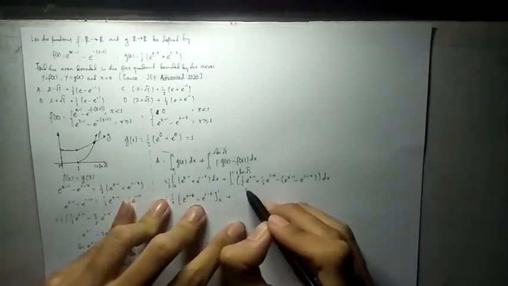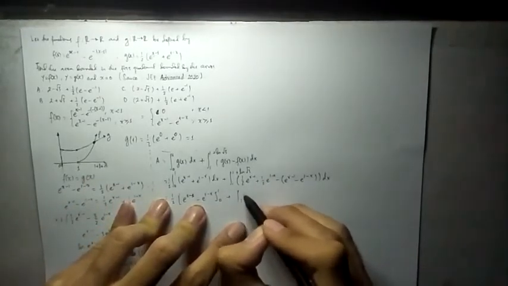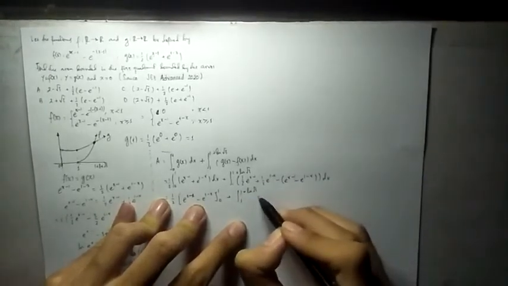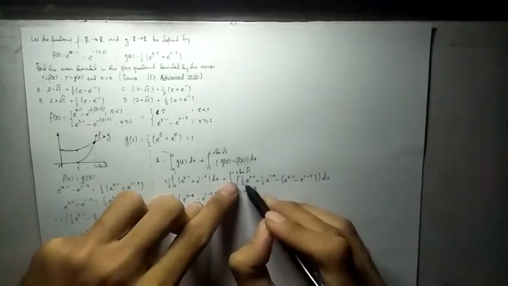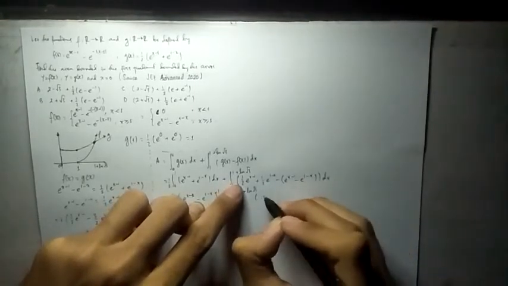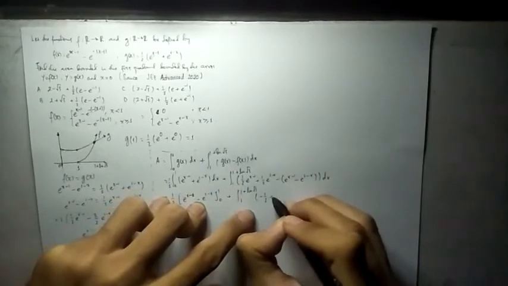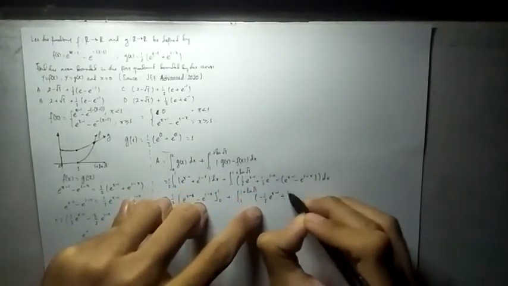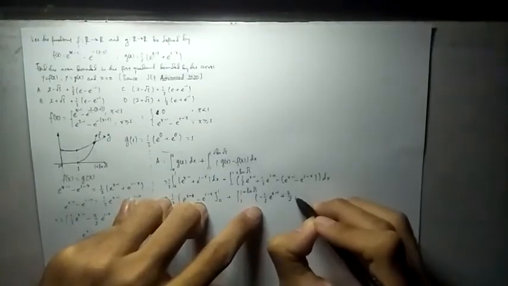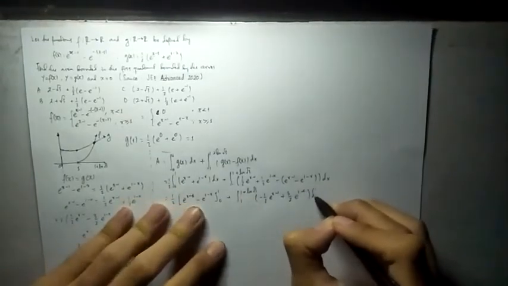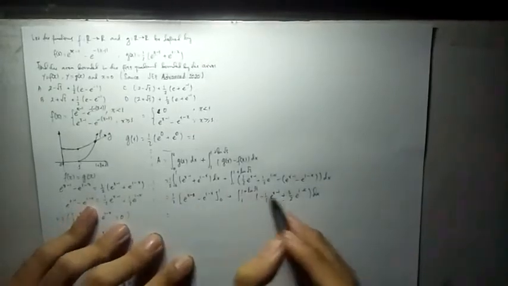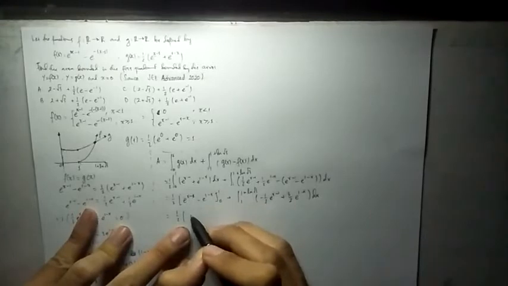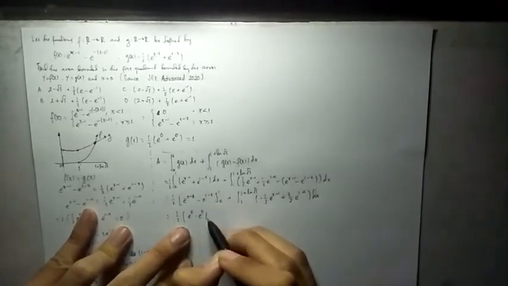Now this one right here is the integral. Minus 1, and this one is positive, so 3 over 2 e to the 1 minus x, and e to the 0, e to the 0.